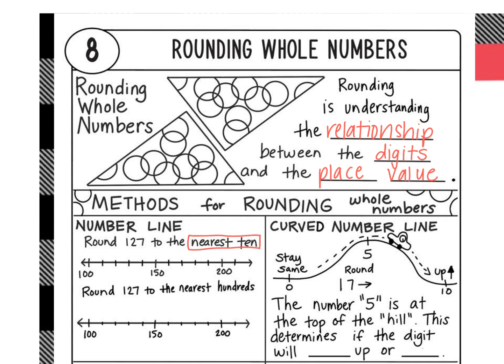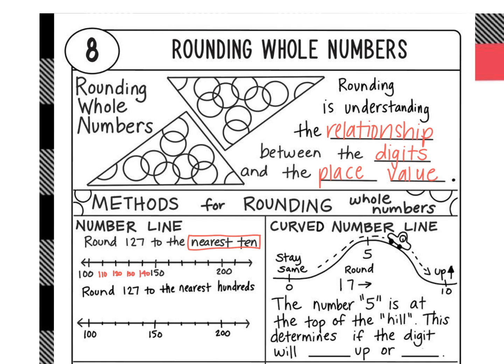So if I'm looking at my numbers, I have 100 here, I have 150 here, I have 200 here. So am I counting by ones, fives, tens, 20s? What am I counting by? Tens, very good. Okay, so I have 110, 120, 130, 140, and so on.